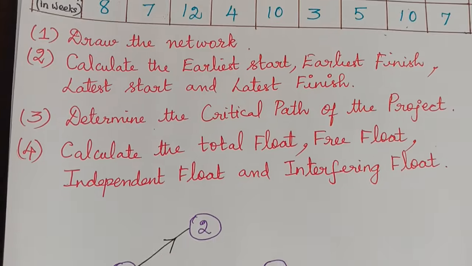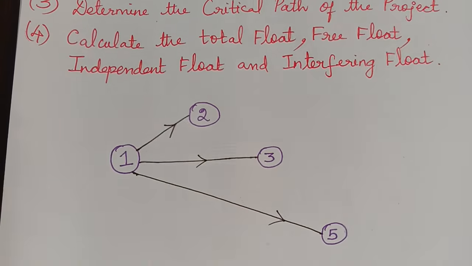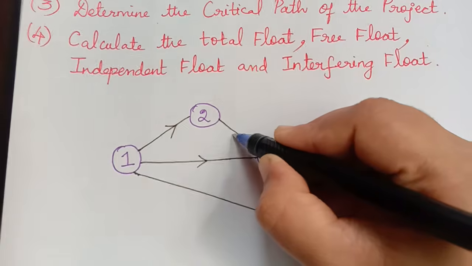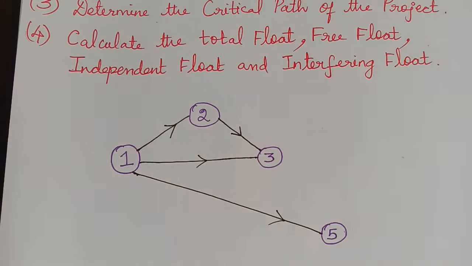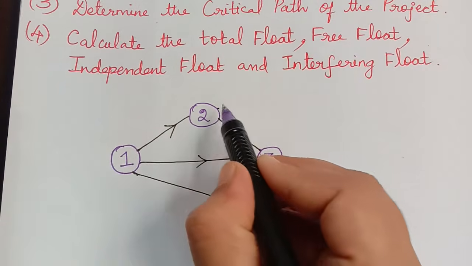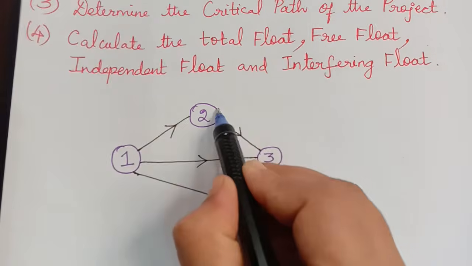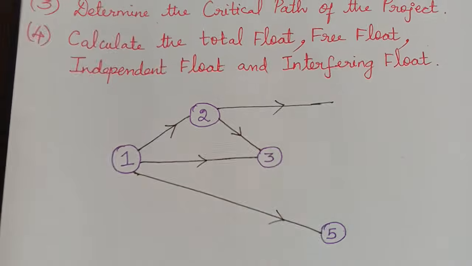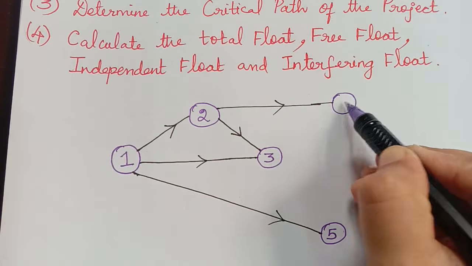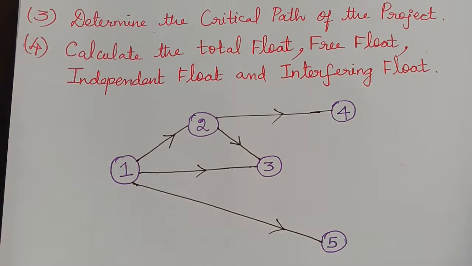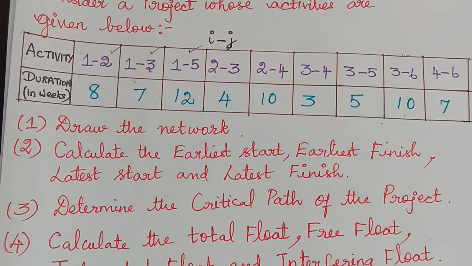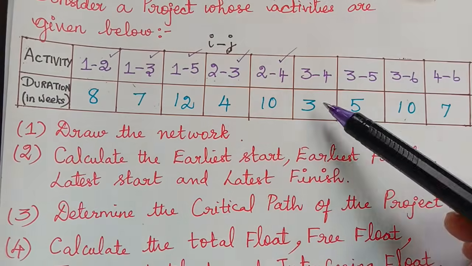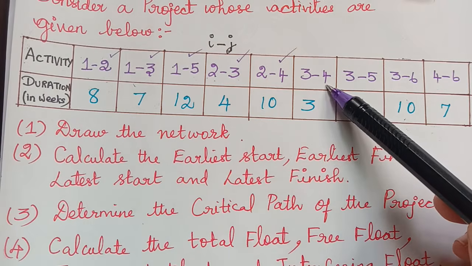So from 2 we have the activity 2 to 3, and there is another activity 2 to 4. We can just have the 4 here. So 2 to 3 is completed, 2 to 4 is completed. Next we have 3 to 4.